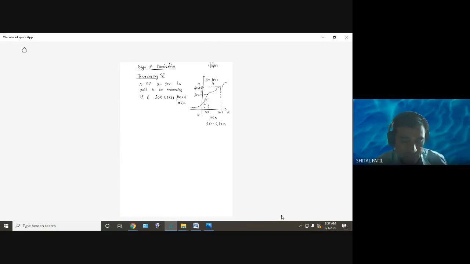I don't have space here. So whenever a is less than b, f of a should be smaller. Then the function is said to be increasing.